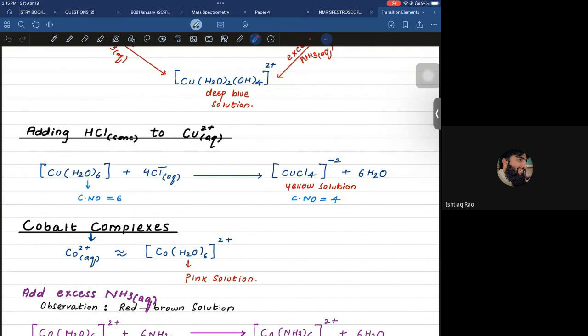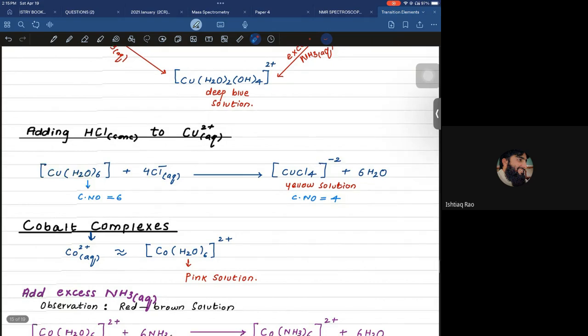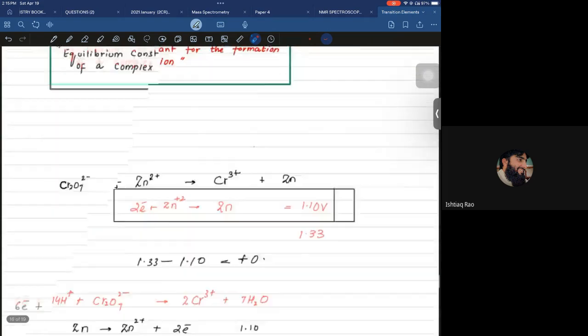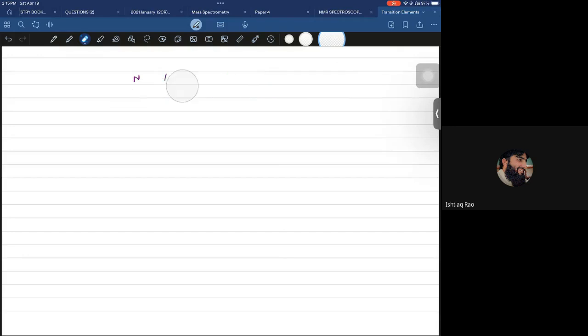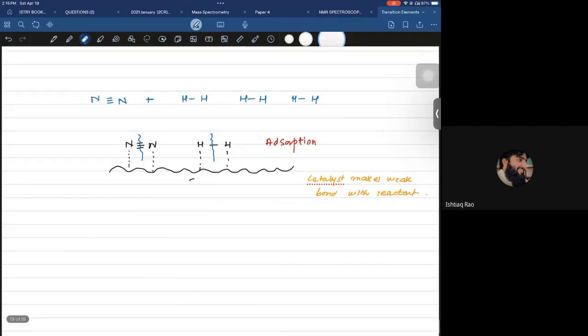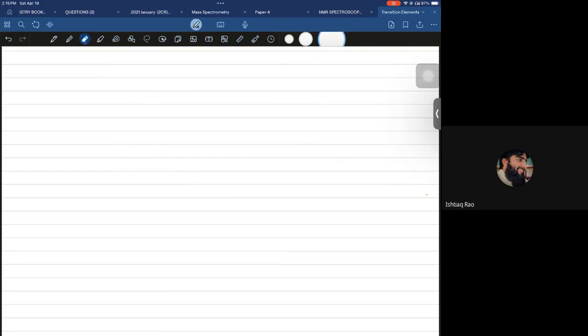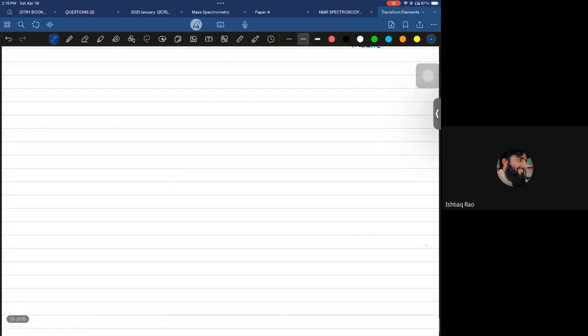Okay, and then we are going to discuss the chemistry of nickel, Ni 2+. Generally the charge on nickel is +2.